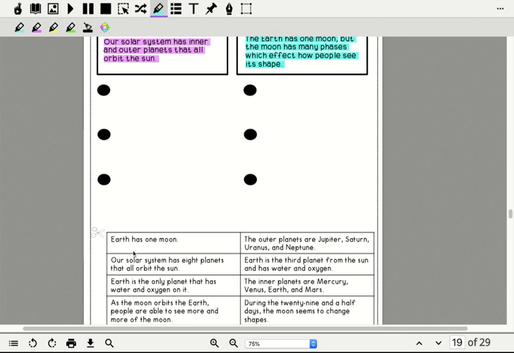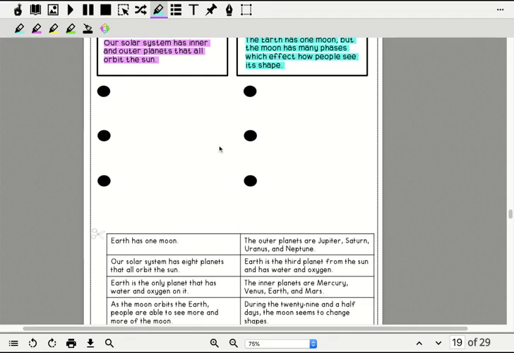Okay, that's kind of important. It supports that the Earth has one moon. So we are going to put that over here on the side to help support that.